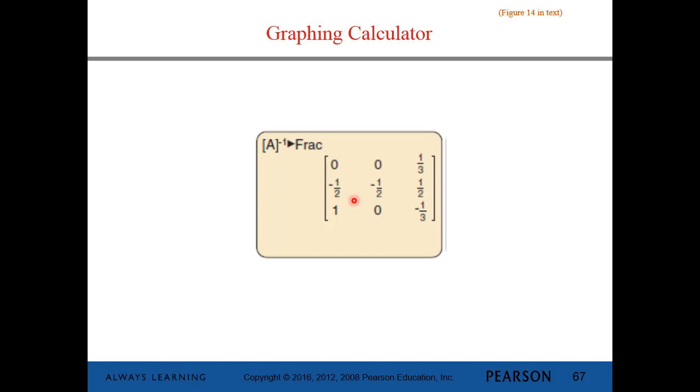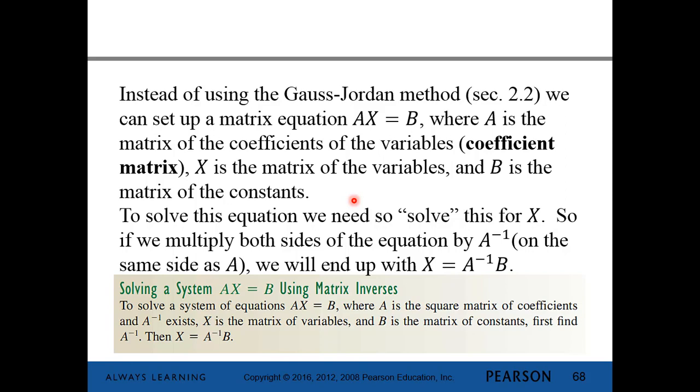Now, instead of using the Gauss-Jordan method that we learned in 2.2, we can set up the matrix equation that we can solve. The matrix equation is going to be AX equals B, where A is the given matrix, X is the matrix of variables, and B is the matrix we're trying to solve for.